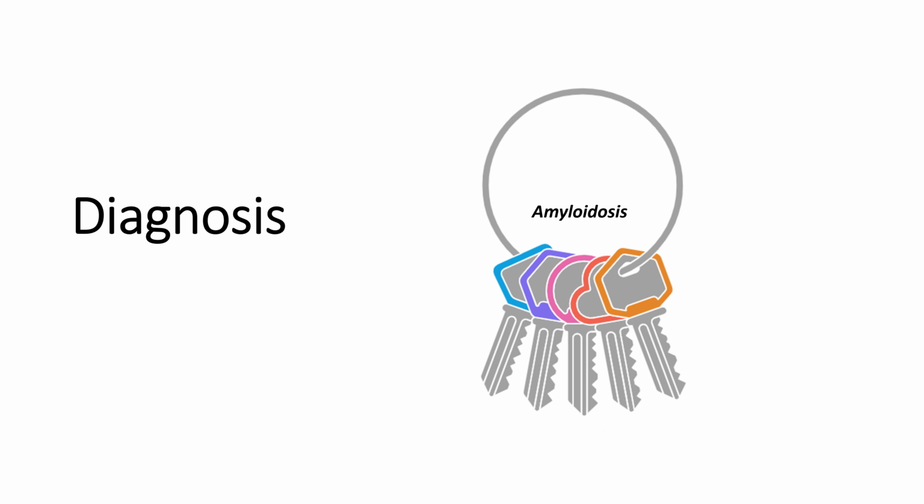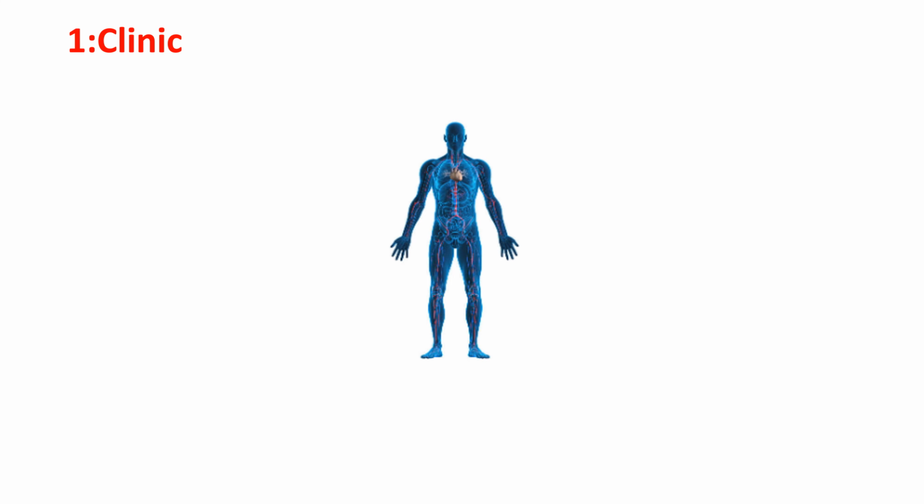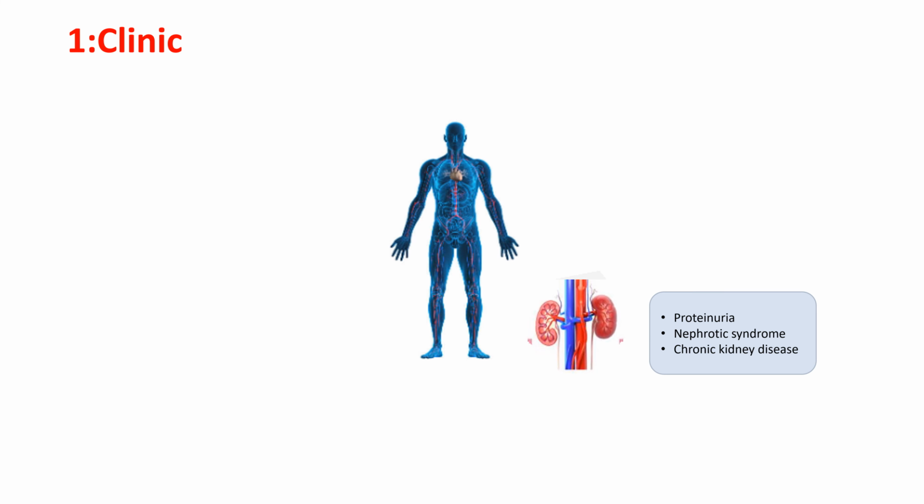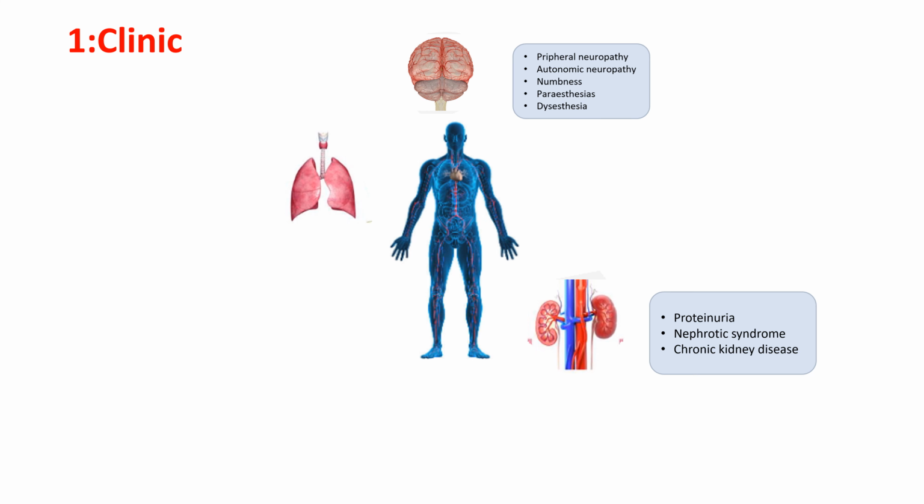What is the diagnosis of amyloidosis? We can say that the clinical symptomatology of amyloidosis is systemic. We can describe renal damage with proteinuria, nephrotic syndrome, and chronic kidney disease; peripheral neuropathy, autonomic neuropathy, numbness, paresthesia, and dysesthesia.